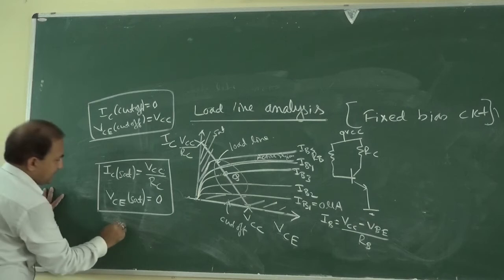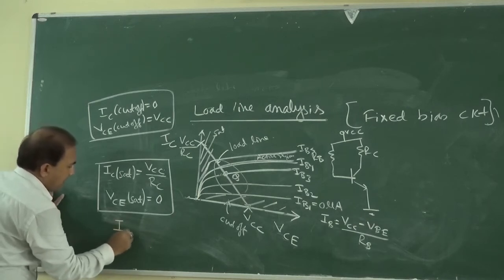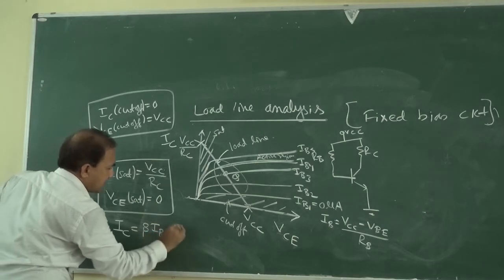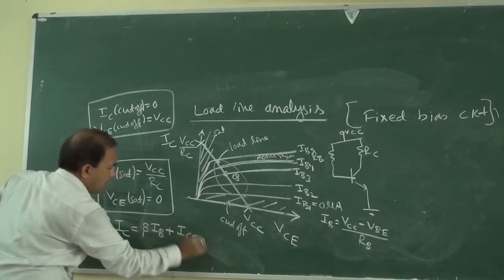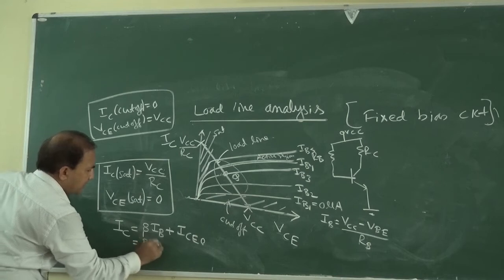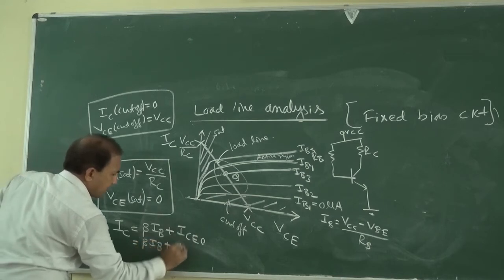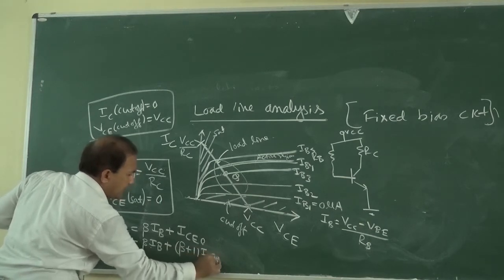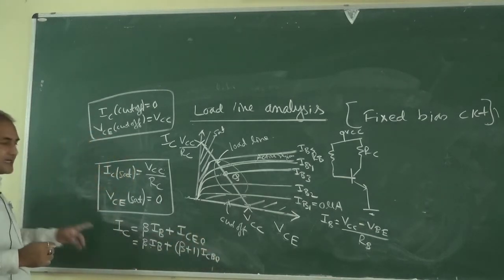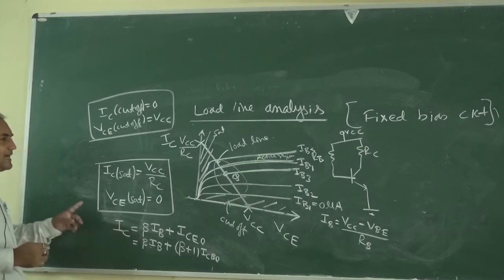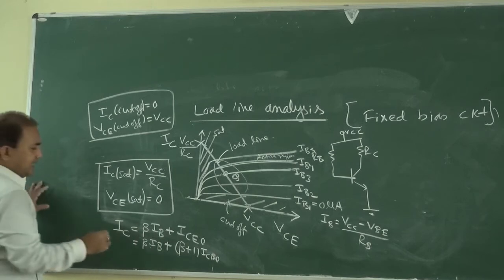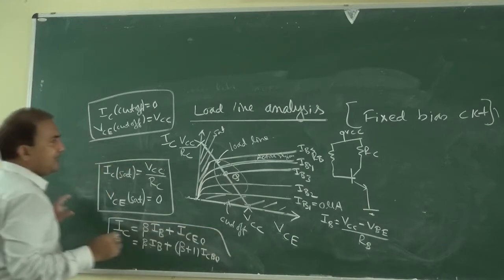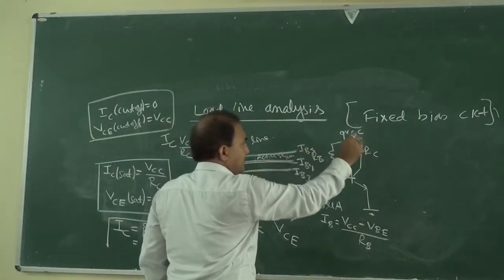And in the active region, IC is equal to beta IB plus ICEO, or beta IB plus (beta plus 1) into ICBO. This is the expression for IC, and we can determine VCE from the output expression.